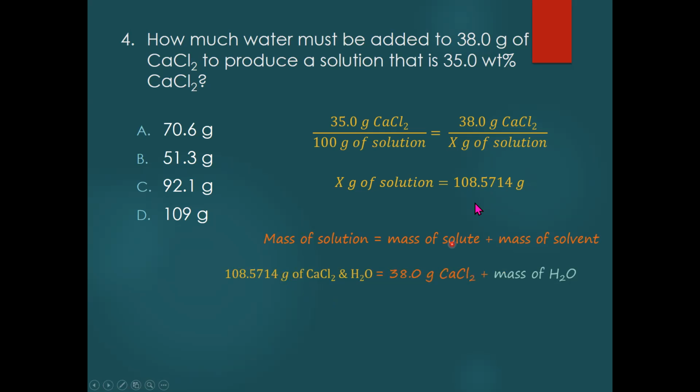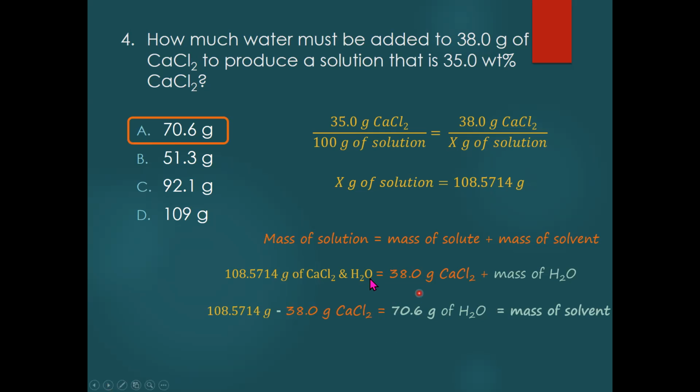We know the mass of the solution is 108.57, and we know that the mass of the calcium chloride is 38. If we subtract the 38 from the 108, this is where we get the mass of the water. That's what we're looking for. So that's where we're getting 70.6 grams of water as the mass of the solvent that we need to add.